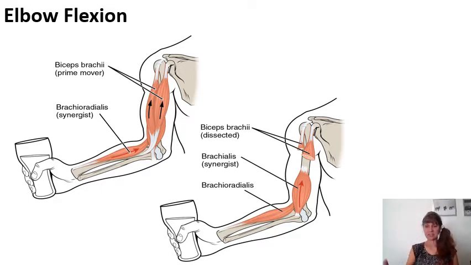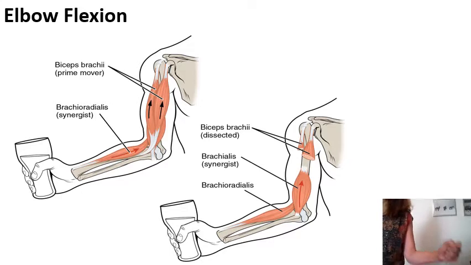Brachioradialis is a synergist in helping elbow flexion when the elbow is in what's called a semi-pronated position. So if you are lifting up a cup, then you're in a semi-pronated position. So remember, this is supination, this is pronation, here's semi-pronation.